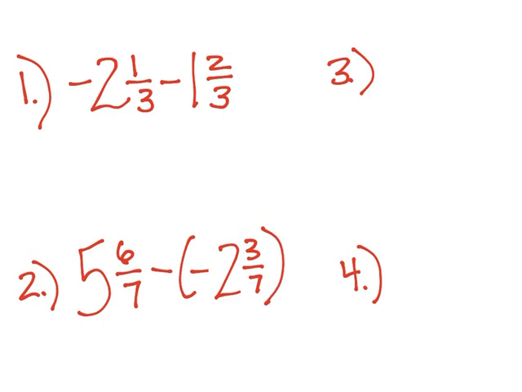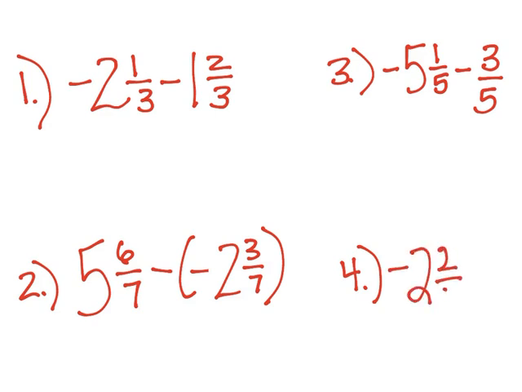Okay, the third one would be negative 5 1/5 minus 3/5. And last but not least, we will have negative 2 2/4 plus 3 1/4. So this is your homework for tonight.